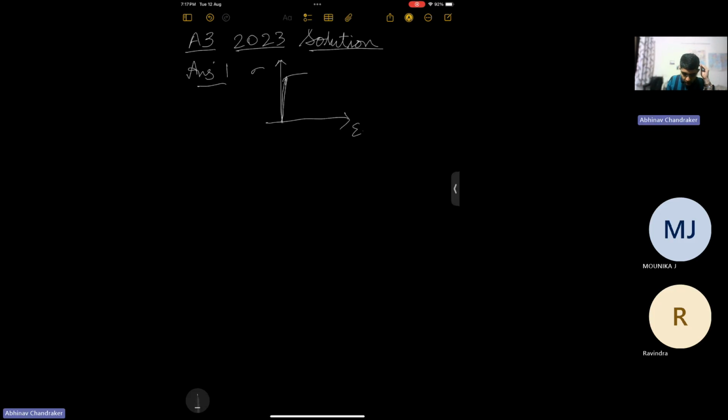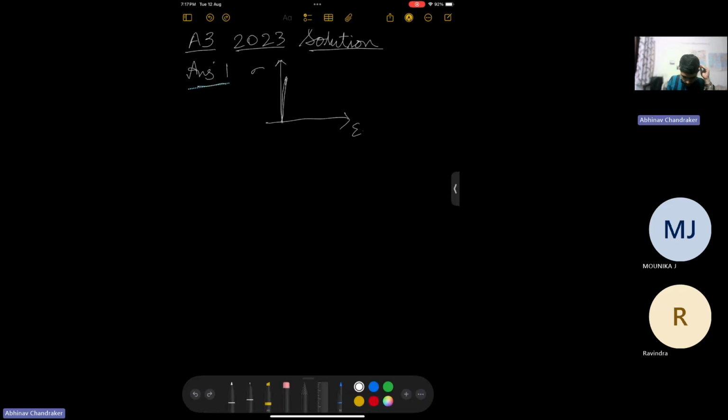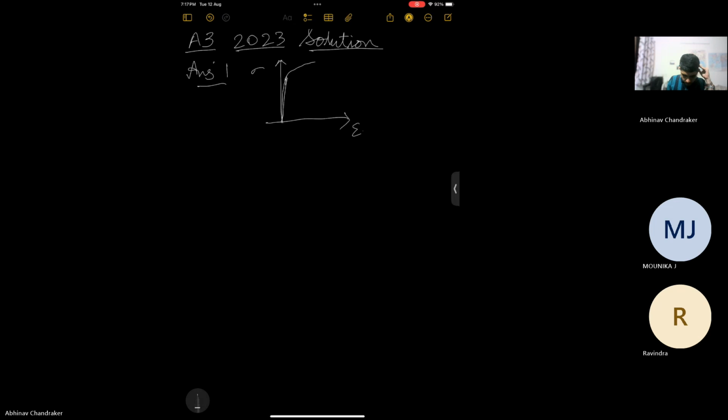So change in strain takes more time, something like this. And when we relax it, again, initially there will be quick relaxation. This is all in the elastic regime only, and then it will slowly come like this. So this can be considered adiabatic.